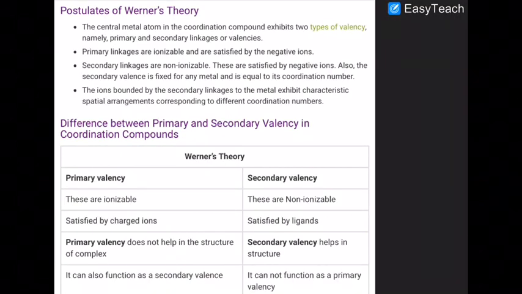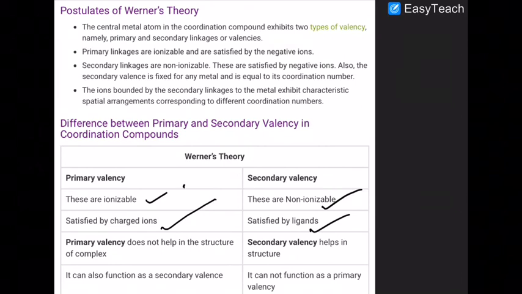So look at the position of the Werner theory once more. In Werner's theory, primary valencies are ionizable and secondary valencies are non-ionizable. Primary valencies are satisfied by negatively charged ions, while secondary valencies are satisfied by charged ions, neutral molecules, and positively charged ions also.